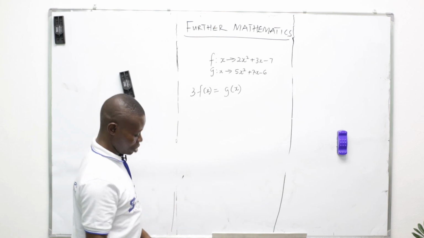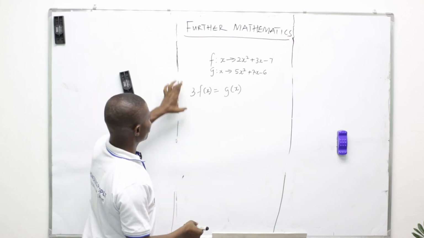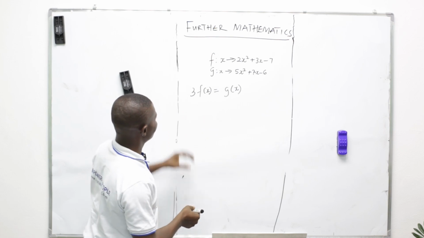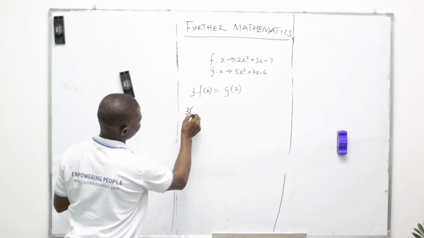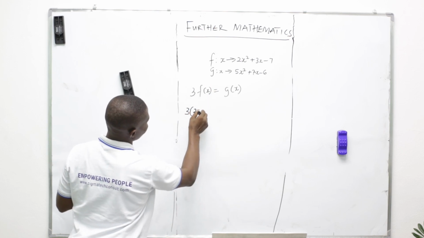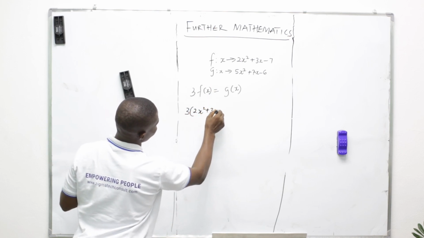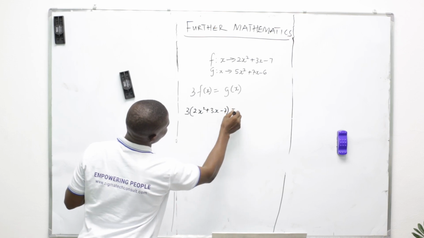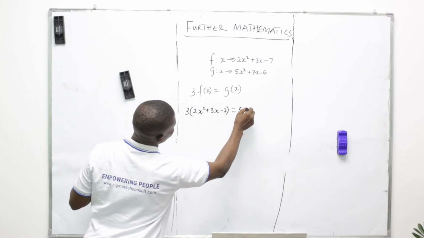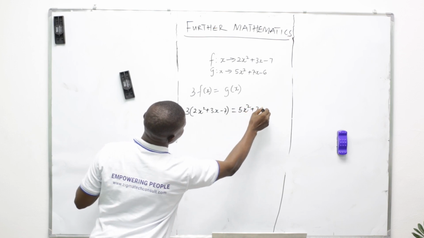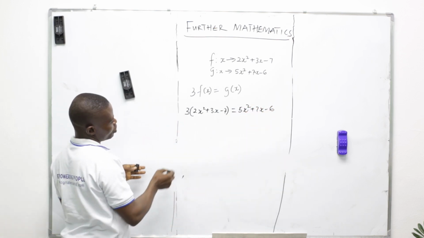Okay, look at what you need to do. This has been given to you. 3f(x) implies 3 times the value of f(x), which is 2x² + 3x − 7, equals g(x). What is g(x)? 5x² + 7x − 6. Now what do you have?